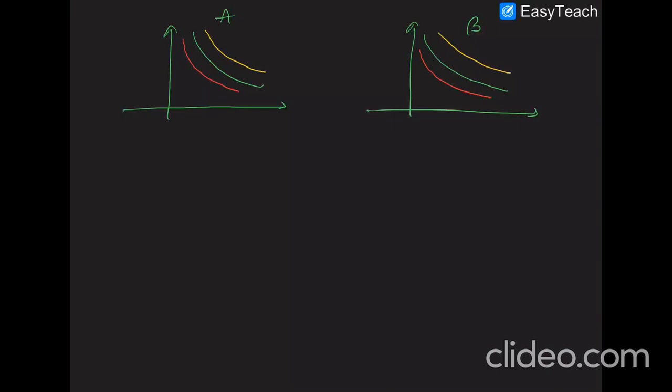So what I am trying to make is that these are the corresponding isotherms, these are the corresponding isotherms, and these are the corresponding isotherms. So that is generally the common thing between them.